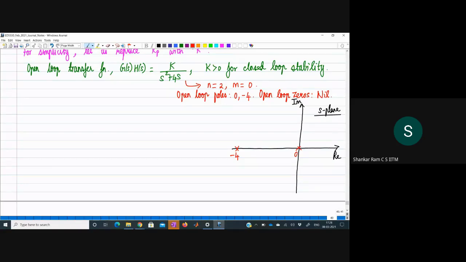Now the question is the following: how do we plot the locus of the closed loop poles as K is varied from 0 to infinity? So how do the closed loop poles vary in the S-plane as K is changed from 0 to infinity?